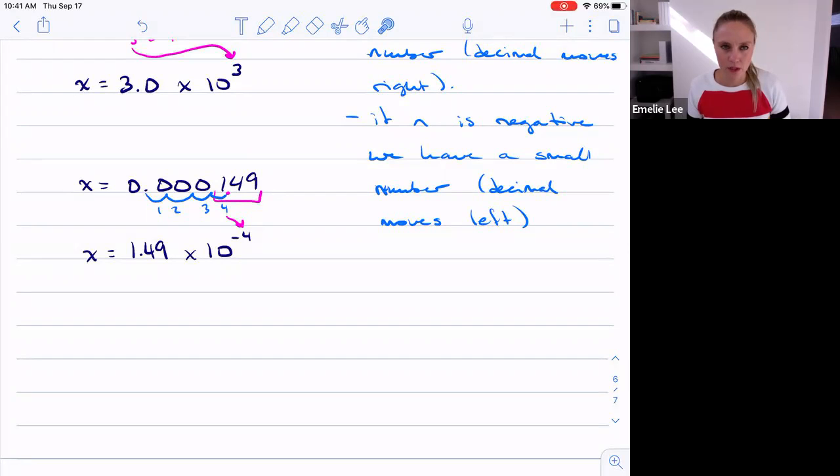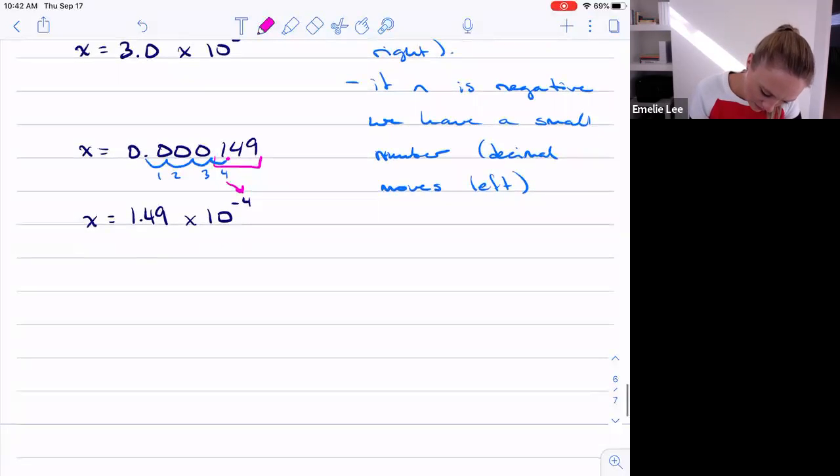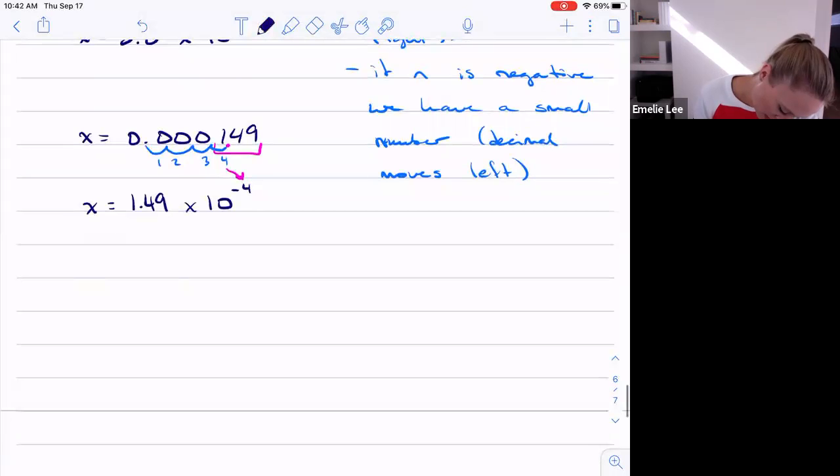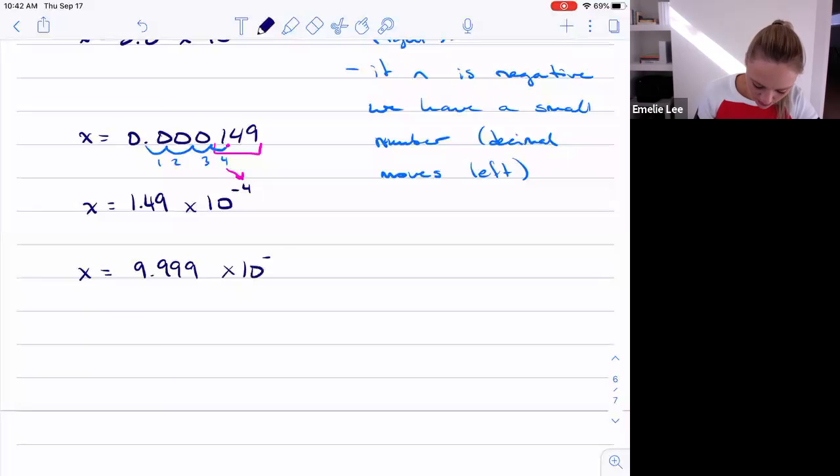Okay, I want you to try on your calculator. It might not be small enough, but try if x is 9.999 times 10 to the negative 9.